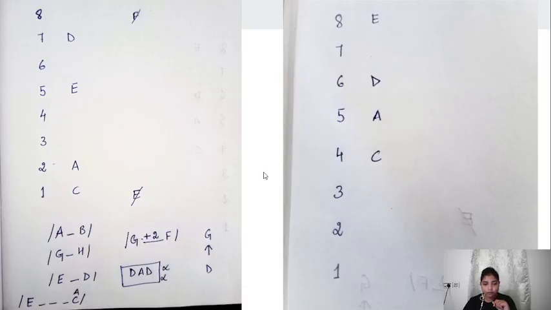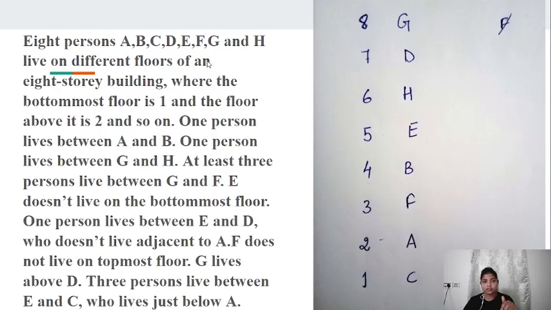Now see, because of this condition, this possibility gets nullified, because D is not adjacent to A, but here D is adjacent to A, so this will get nullified. So we will not use this possibility, we will use this one, and we'll see further.